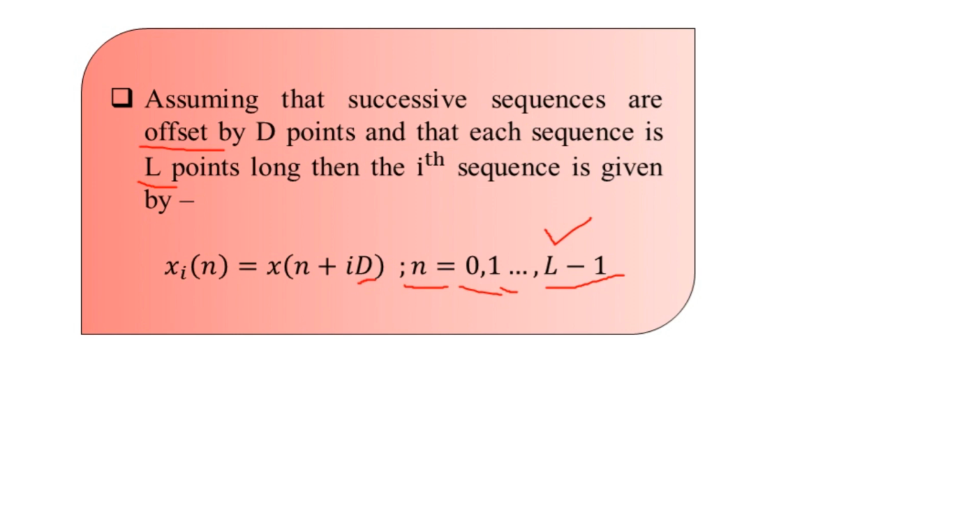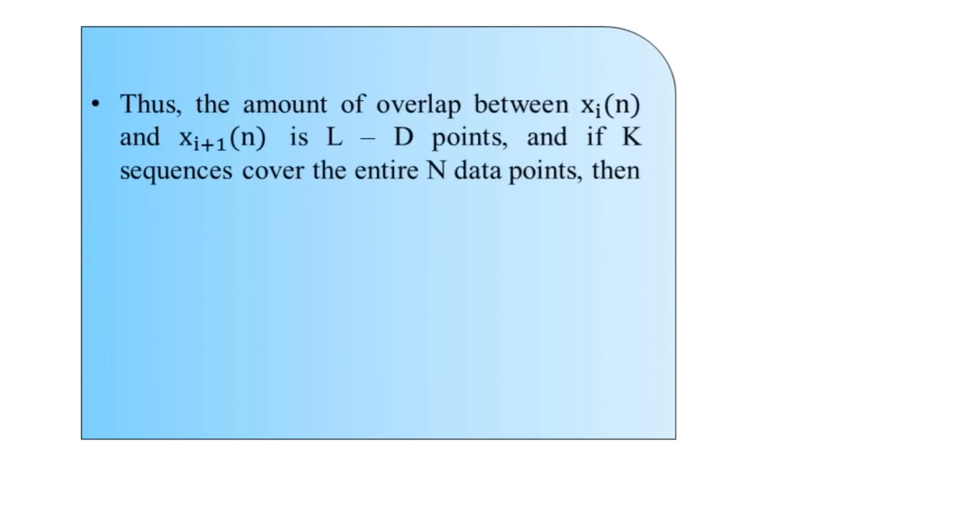With this representation, the amount of overlap between x sub i of n and x sub i plus 1 of n is L minus D points. If we have K sequences to cover the entire N data points, then N equals L plus D times K minus 1.